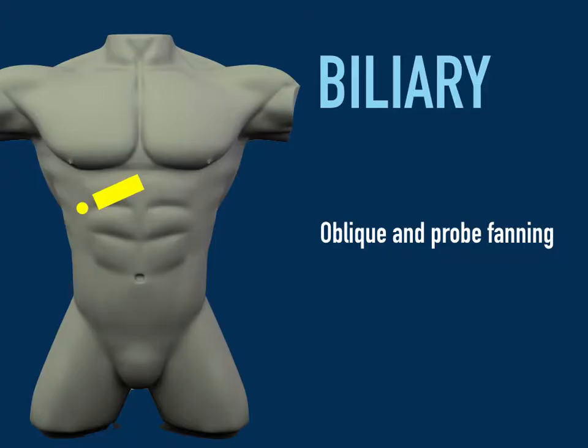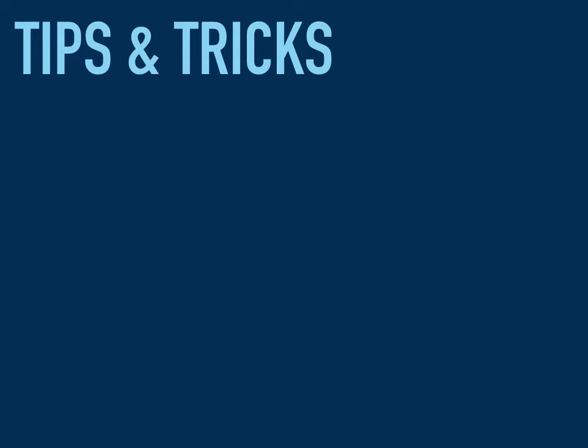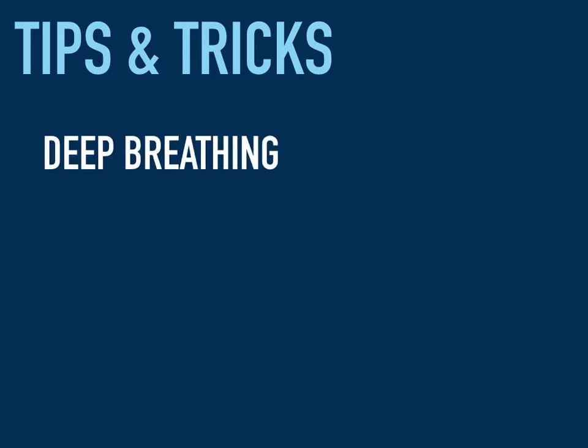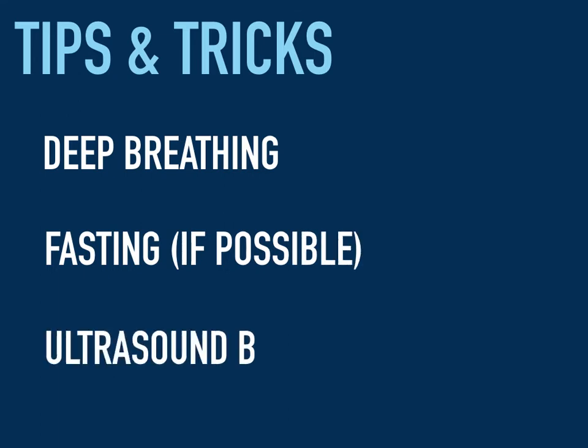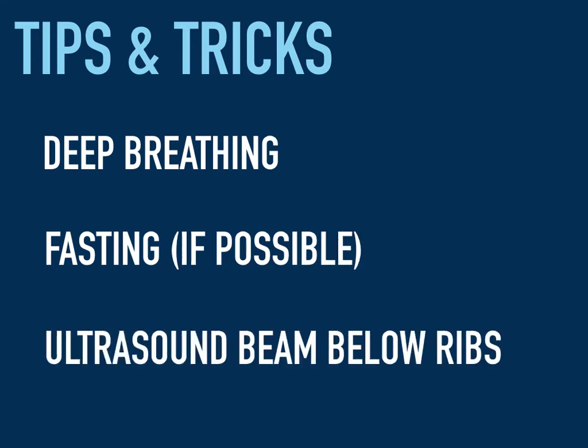For assessing the gallbladder, it's much better to use an oblique approach and fan up and down until we identify this fluid-filled structure. Tips and tricks, like for assessing the liver: deep breathing, which is really important, fasting if possible as well, and again the ultrasound beam below the ribs.